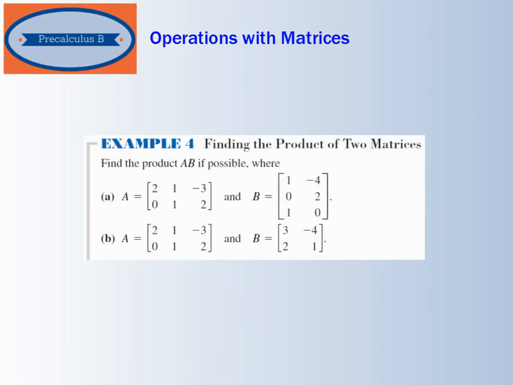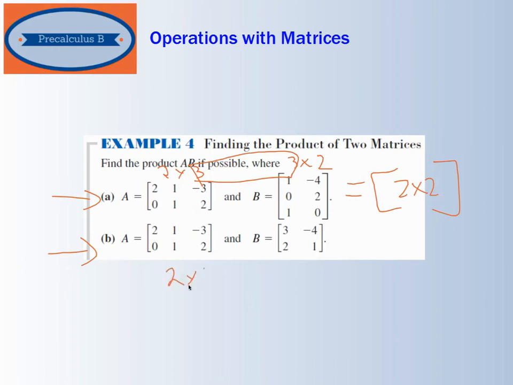We're going to try and find the product in two different cases. In the first one, we have a 2 by 3 matrix times a 3 by 2 matrix. These we can multiply because the 3's are the same. It's going to yield a 2 by 2 matrix, and we're not going to compute what's inside just yet. The second one, we have a 2 by 3 and we're trying to multiply it by a 2 by 2.